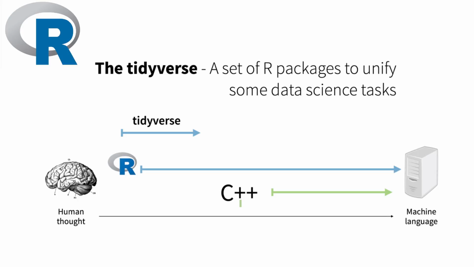But on the other hand, there are other languages where to do something like the entire protocol, the entire algorithm, for example, that the filter function does, maybe in C++ you need to type even more characters, you need to allocate memory, you need to do a lot of things that are closer to the machine and not so close to human thought. So basically the tidyverse, and just to wrap this slide up, wraps a lot of internal details that are relevant to computers but not for humans. So the tidyverse is to the left of this slide because it's close to your brain and not so close to the computer.